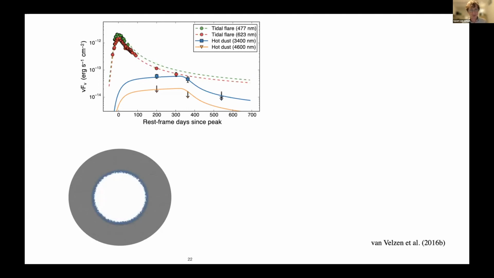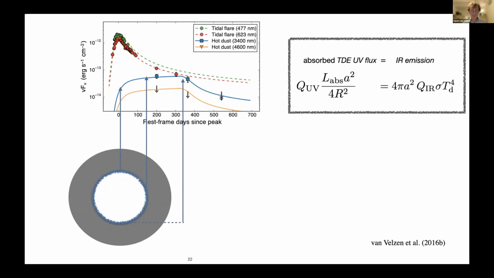So you reach a cavity at the sublimation radius of the dust that emits at the sublimation temperature. So you first see the near side of the cavity, simultaneous with the optical emission, then the edges. And then when the dust has fully traversed this cavity, the infrared light curve, due to this hot dust, starts to drop.